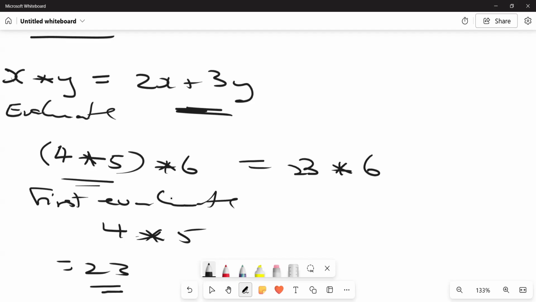So now we're replacing this with the 23 and this now will be equal to 2 times 23 plus 3 times 6. Somebody help me evaluate that. What number will it be? They got 64. Right?